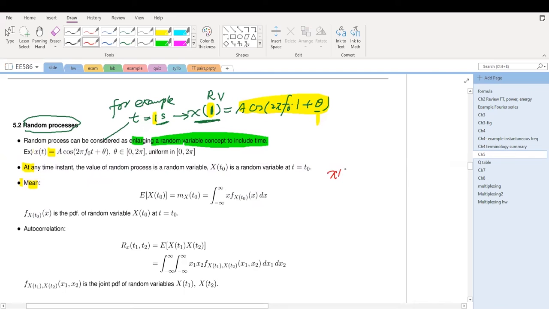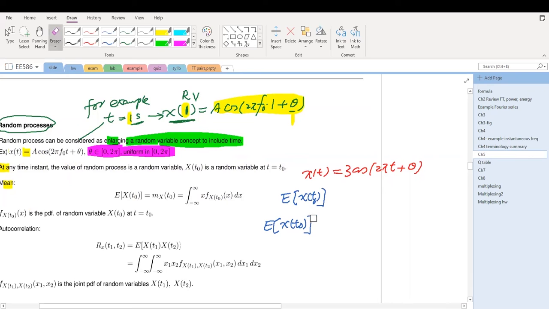Let's see here, x of t equals 3 cosine 2 pi t plus theta, and theta is uniformly distributed from 0 to 2 pi.